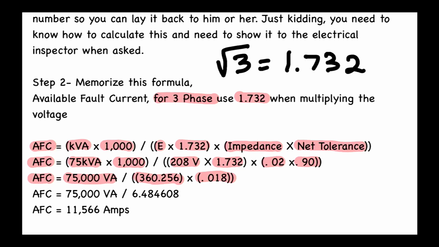That gave us our 0.018. So now let's carry this down to the next line. Available fault current, AFC, is equal to 75,000 VA divided by 6.484608. And when we do that calculation, available fault current is 11,566 amps.